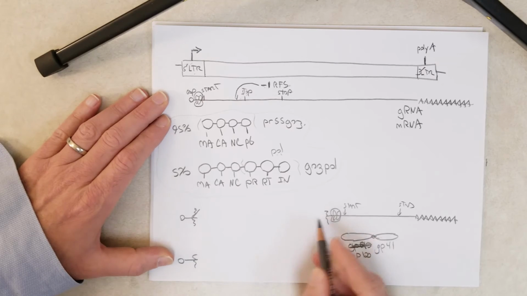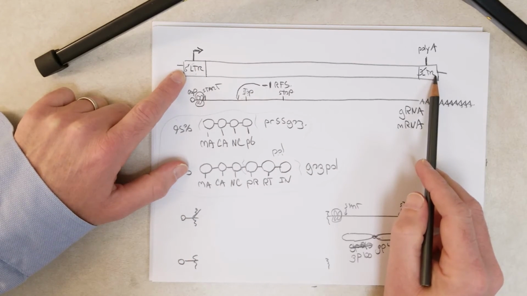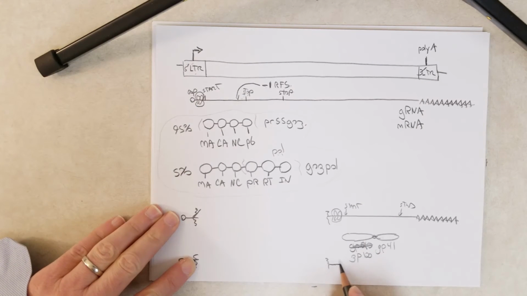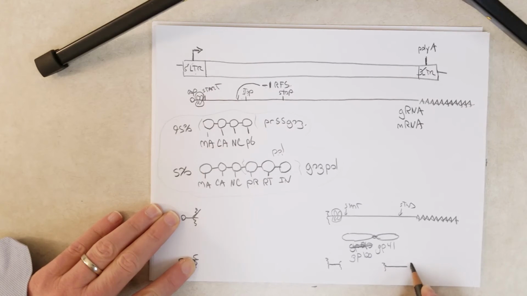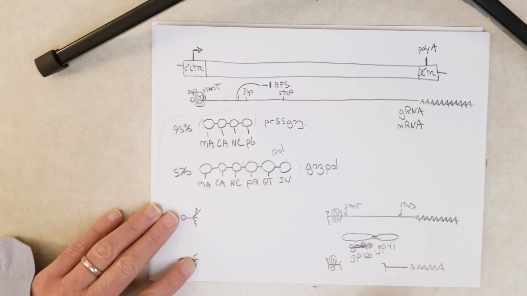So the long RNA is transcribed. This little piece is removed as an intron, and then another one down here is removed. And again, ribosomes enter at the same place right here.